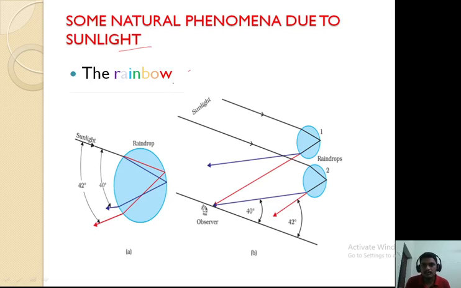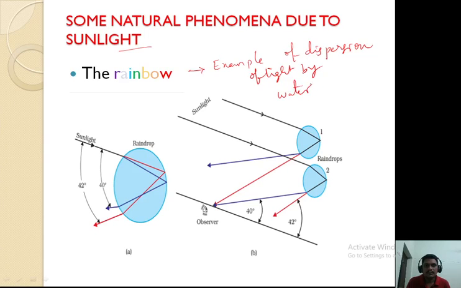First one is rainbow. We'll discuss the formation of rainbow. Actually, the rainbow is an example of dispersion of light by water droplets in the atmosphere.